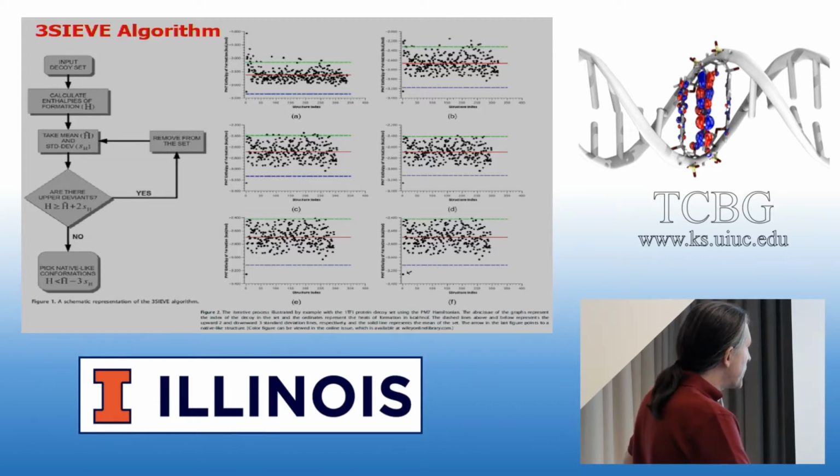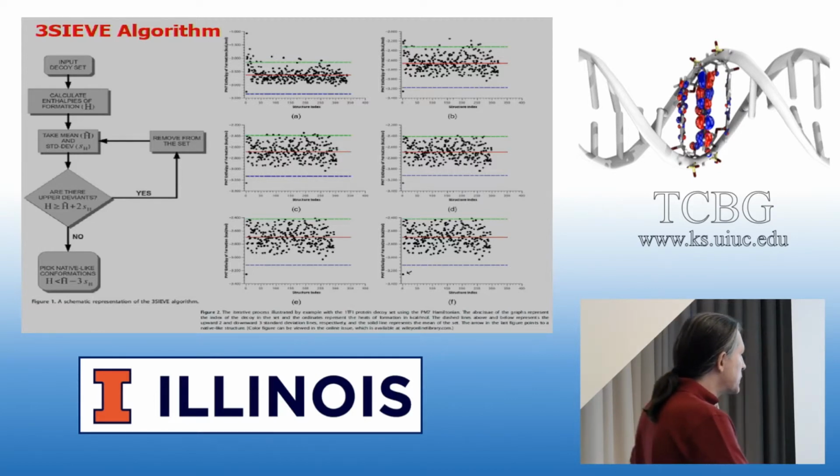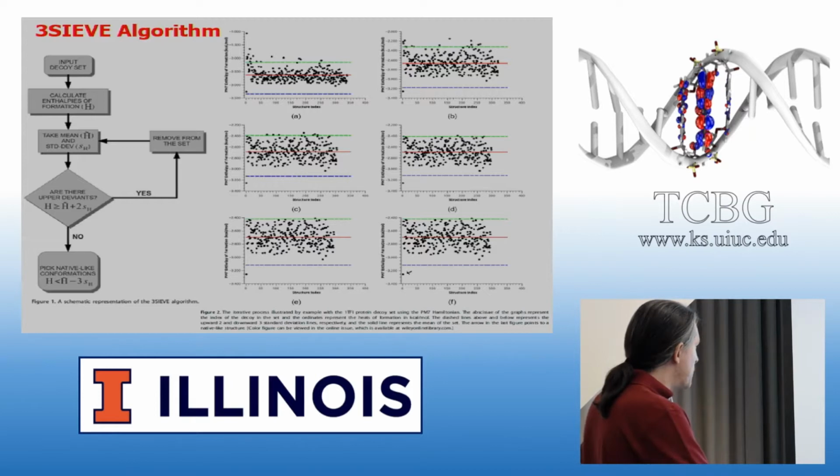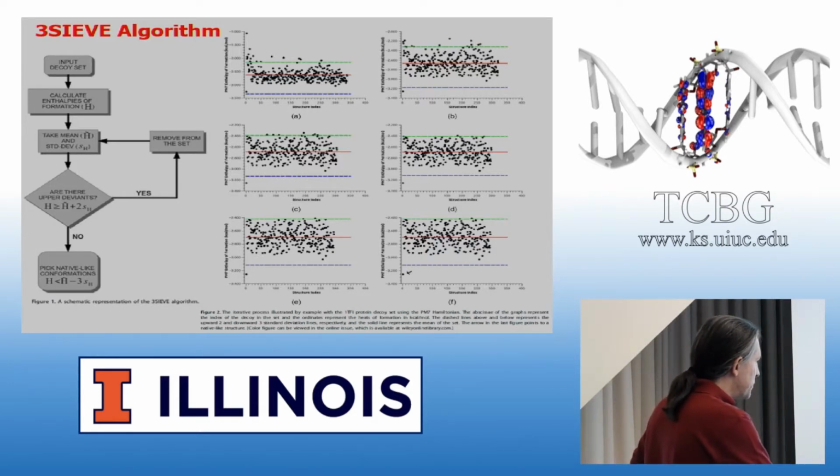When you go to the final step, you have no conformation above this limit, and you look 3 standard deviations below. That is probably the native structure.